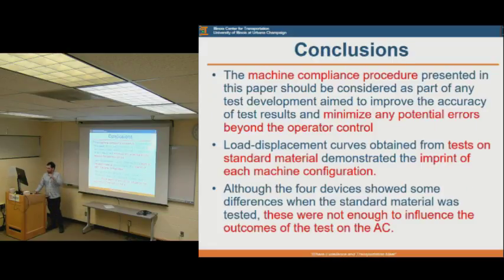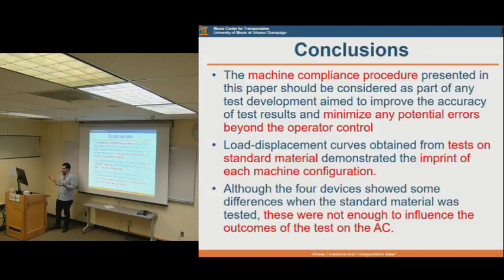So finally, to conclude, we came up with a machine compliance factor that we can apply to the test and find the corrected results. Even though we came up with this method and you can apply this in your tests, we found out that the machine compliance does not really change the results of the tests.